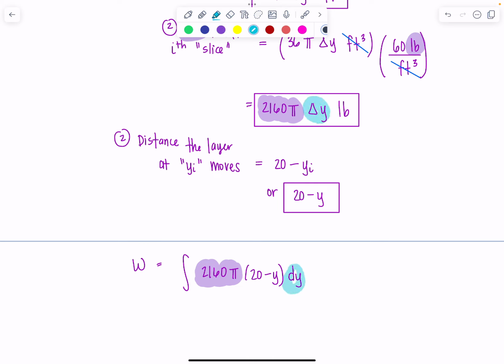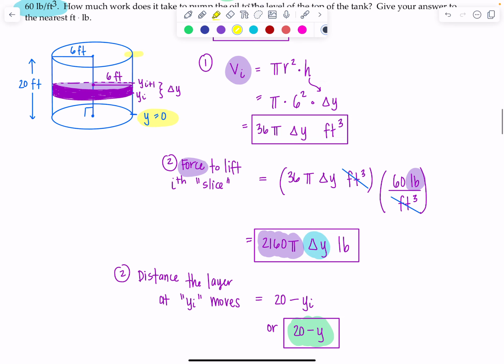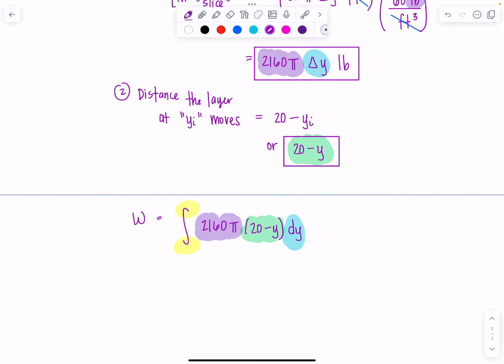Delta y becomes dy, and then 20 minus y right here. Now, as far as the limits of integration, it has to represent all of the liquid that you're moving, okay? So I'm moving liquid that starts at y equals 0 all the way up to y equals 20. So my limits should go from 0 to 20.